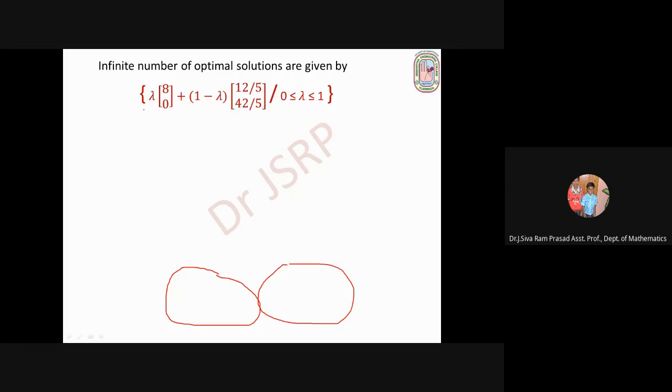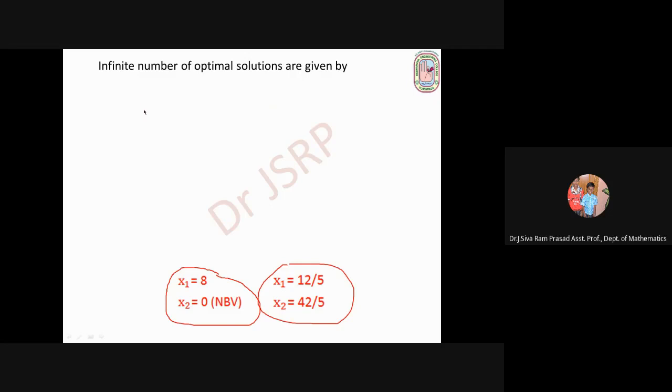That is the set notation: lambda into first solution (8, 0) plus 1 minus lambda into second solution (12 by 5, 42 by 5), such that lambda lies between 0 and 1. 0 less than or equal to lambda less than or equal to 1. So this is the convex combination of these two solutions. Here the scalar lambda lies between 0 and 1.